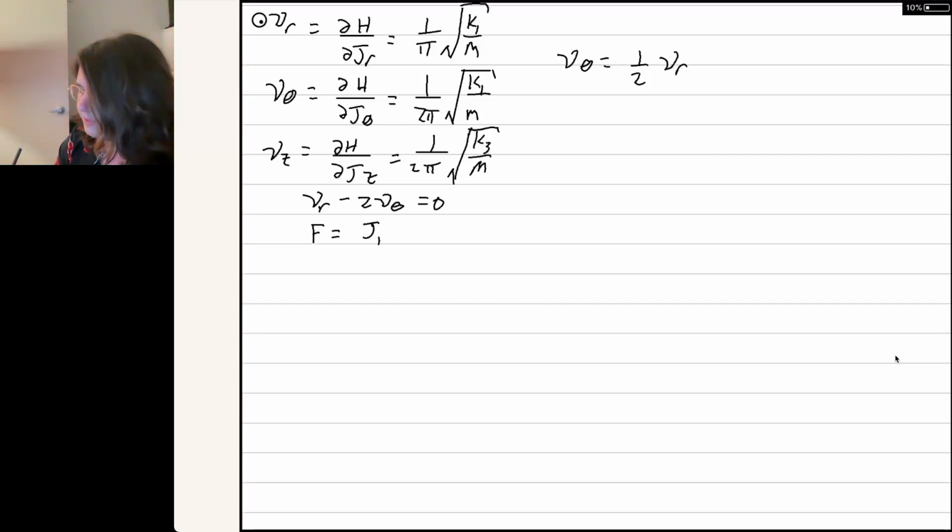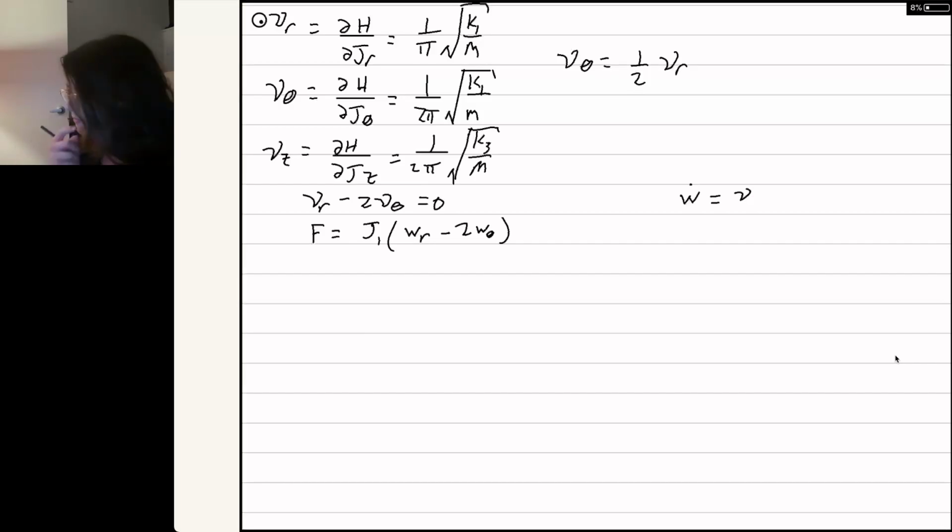On the inside of these parentheses, we'll have w r, not omega. w just being the letter that Goldstein uses for angles in the action angle formalism, where w dot is equal to nu for each of these. So the degeneracy will show up for the J1 variable. J2 will have a w theta multiplied by it, and J3 will have a w z multiplied by it.